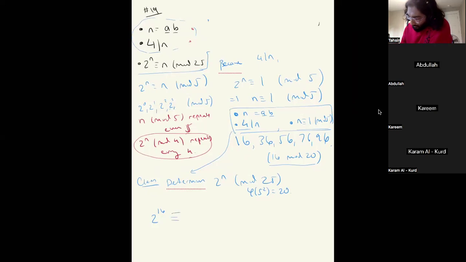The point is it's 2 to the 4 to the 4, and this is equal to 16 to the 4. And what was the point about 16? 16 was already 1 mod 5, so we can write this as 1 plus 3 times 5, to the power of 4.